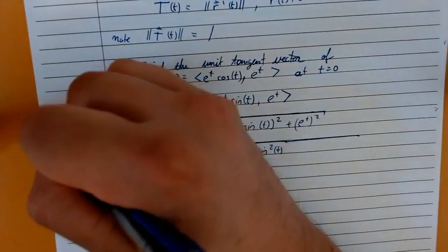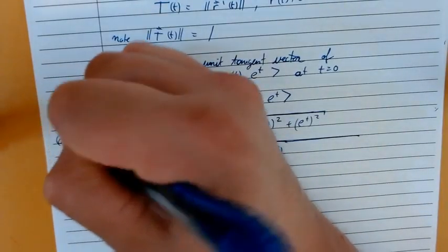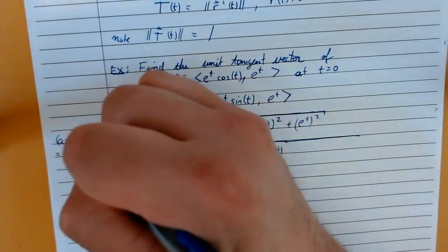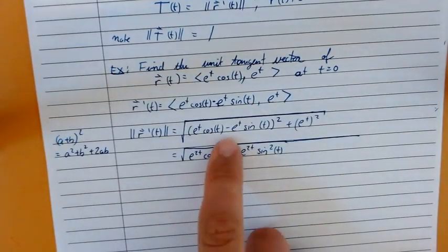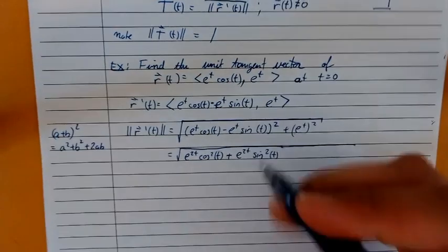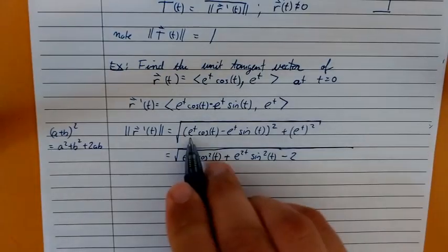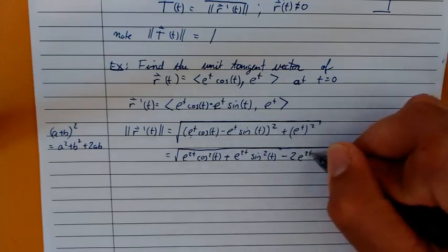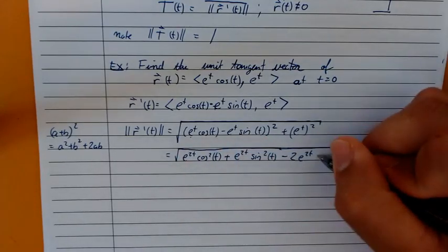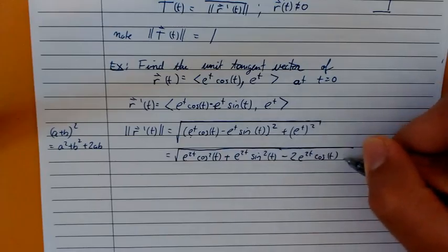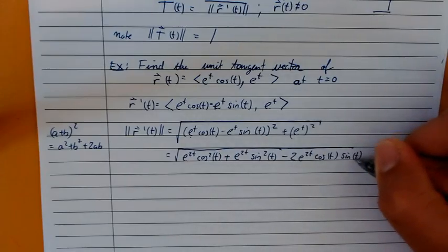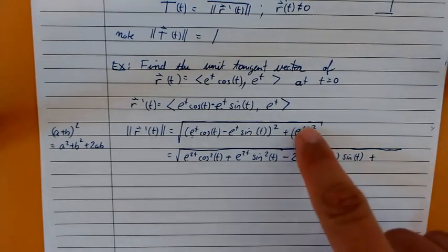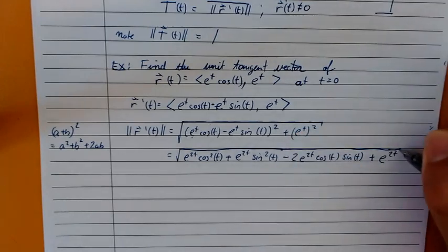If you have a plus b squared, you would expand this as a squared plus b squared plus 2ab. Since that one has a minus in front, 2ab would end up being negative, so we'd end up with minus 2 this times that. e to the t times e to the t is e to the 2t cosine of t times sine of t.